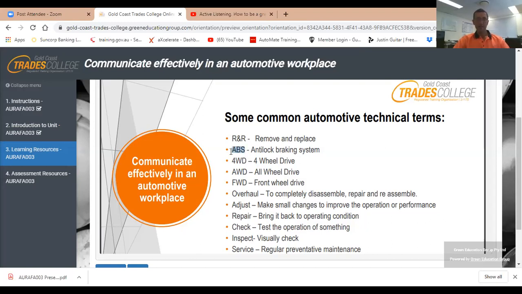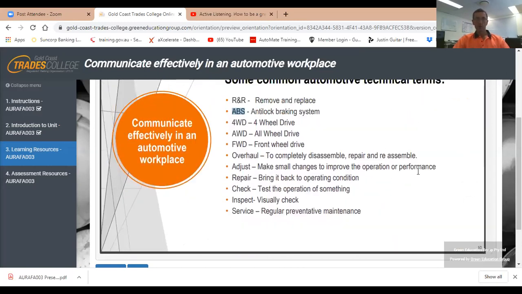ABS, which is anti-lock braking system. Four-wheel drive, all-wheel drive, front-wheel drive, that's FWD, AWD, and 4WD. We talk about overhaul, adjusting, repairing, checking, inspecting, servicing. They all mean certain things, and it's useful to know what exactly those things mean in your day-to-day communications.